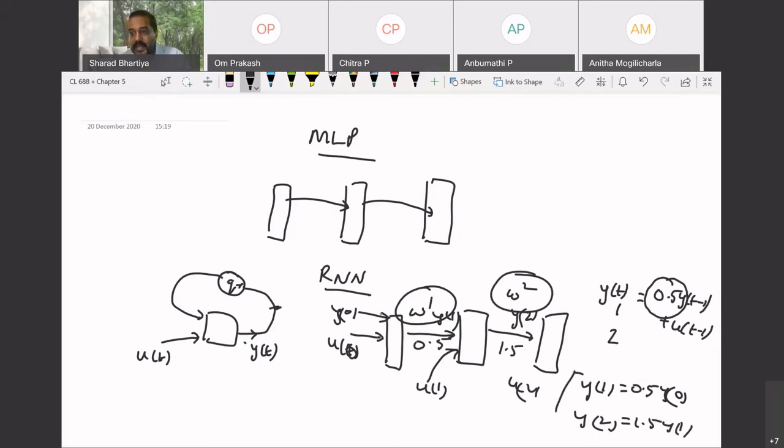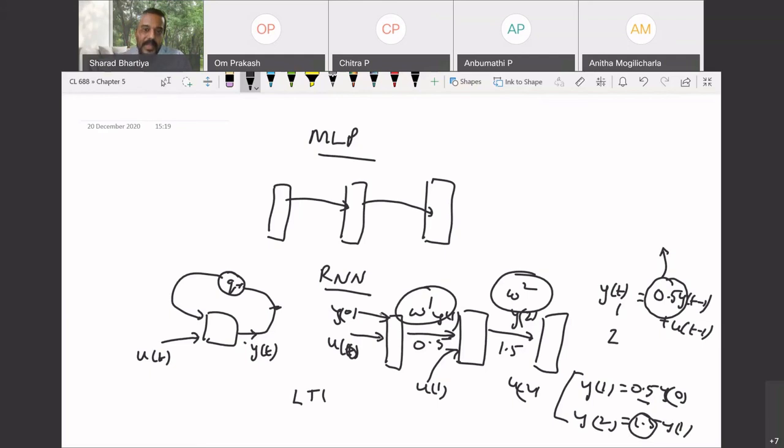So the same weight has to appear here. It is what we would call a linear time invariant system. Otherwise, you are saying that my parameters are time varying. So that is why the weight should be the same if I open it up.